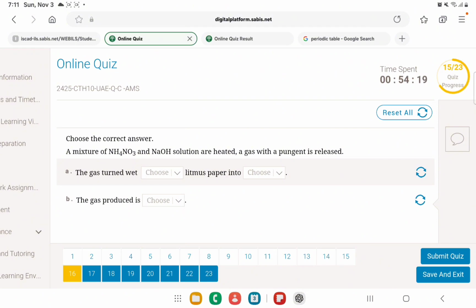A mixture of NH4NO3 and NaOH solution are heated. A gas with a pungent smell is released. Okay, so NH4NO3 and NaOH. Which one of these reacts with NaOH to release a pungent smelling gas? NH4, right? We know it's NH4 because they didn't add aluminum powder.